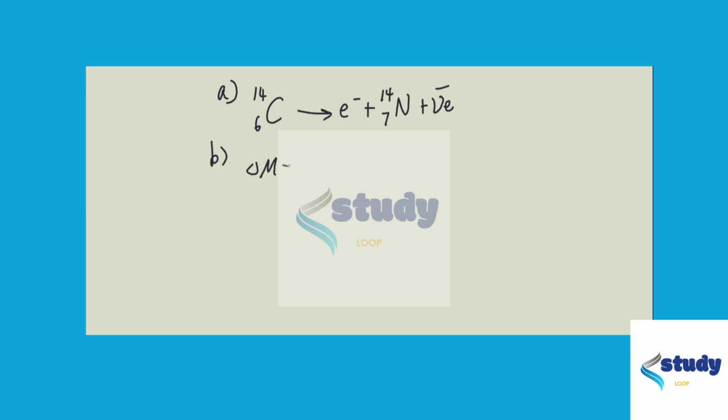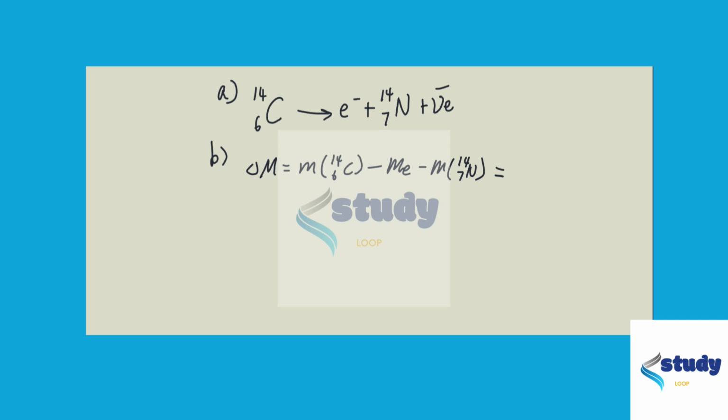Delta M equals the mass of carbon-14 minus the mass of the electron minus the mass of nitrogen. The mass of carbon-14 is given, and the mass of nitrogen and the mass of the electron can both be found from the atom.